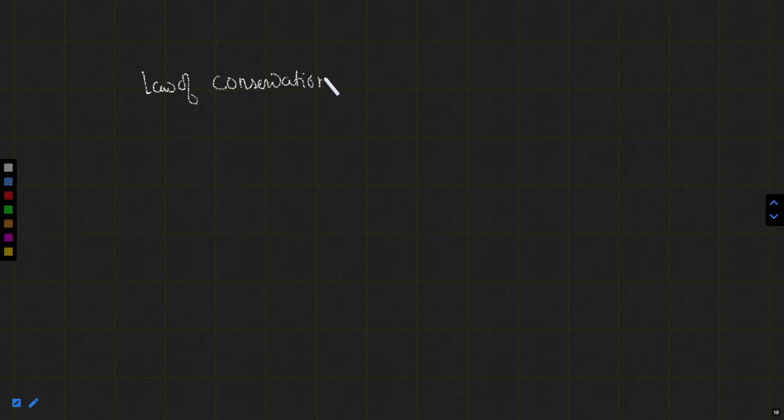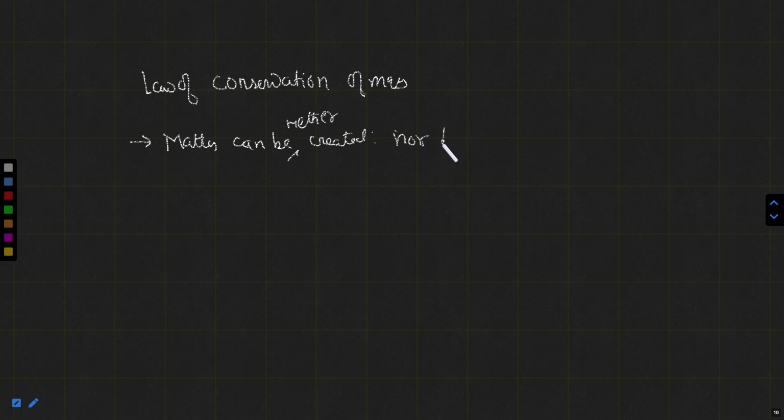I am defining this whole law in one sentence: matter can neither be created nor be destroyed during a chemical reaction. Clear?